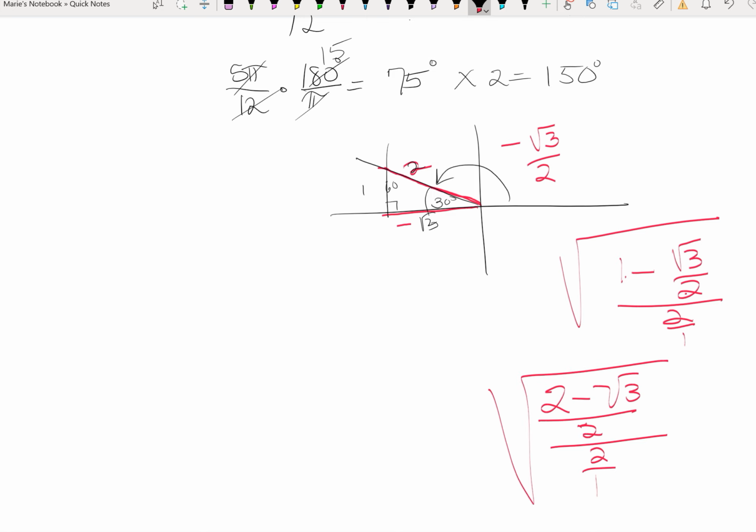All I've done in this step, just to verify, is I multiplied 2 over 2 here. That's what all of this has now become. And this 2 over 1 is just sitting here waiting to do something productive.